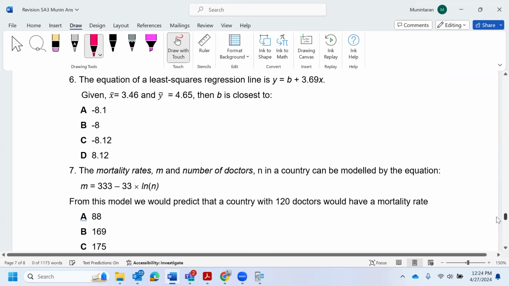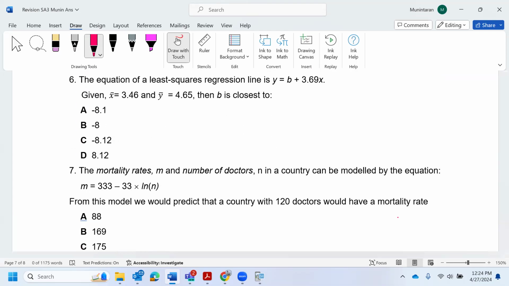This question is actually in your manual. The equation is already given. X bar is there, Y bar is there, just substitute. So your B plus 3.69 times your X bar, which is 3.46, should be equivalent to your Y bar, which is 4.65.